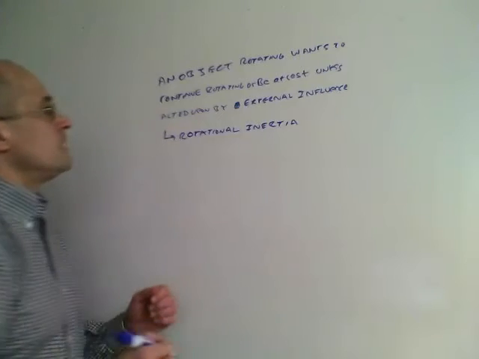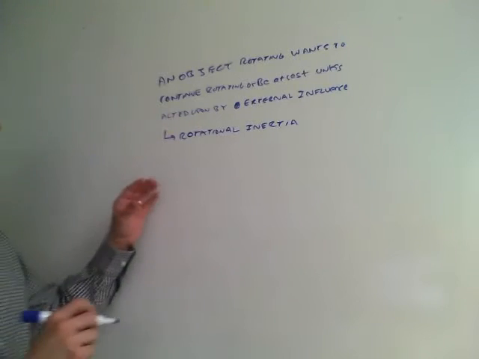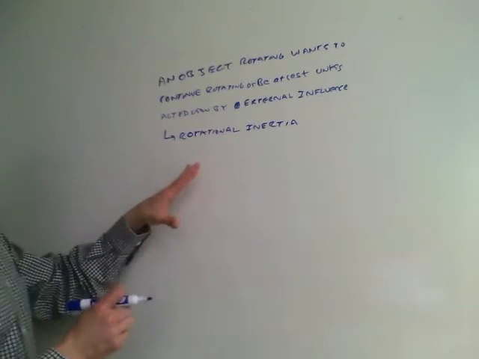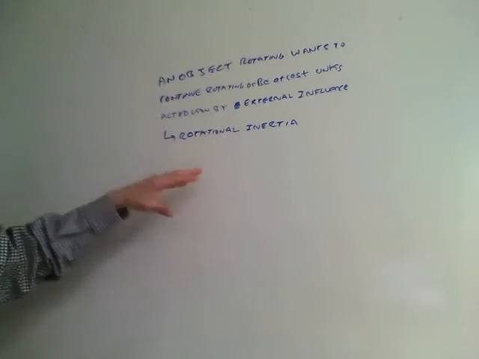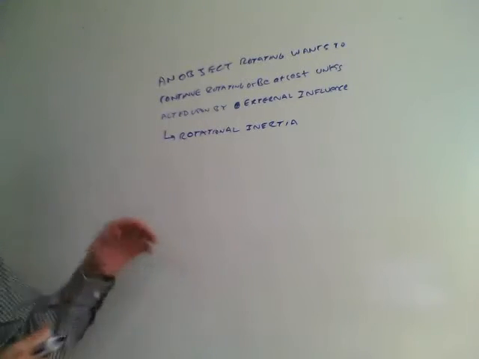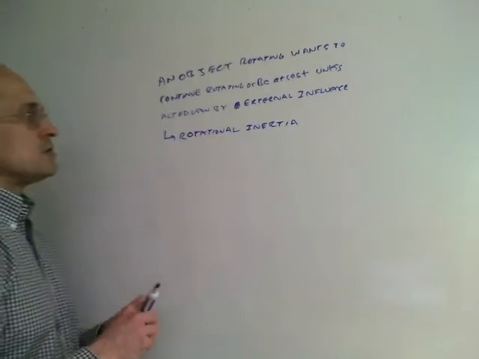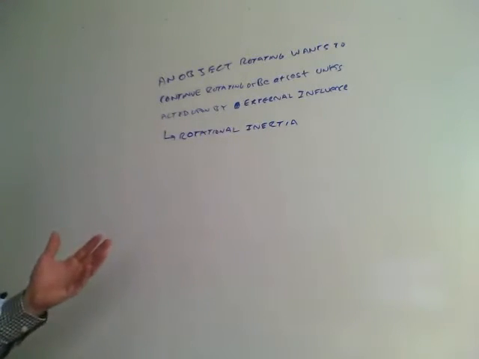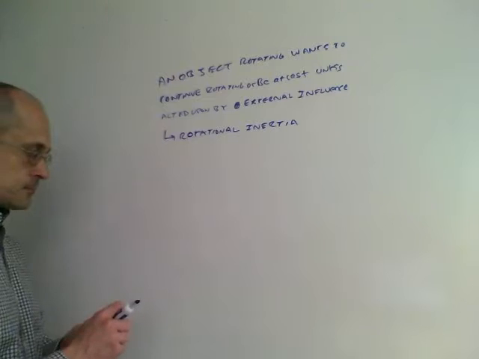Now we know that rotational inertia must be slightly different than regular inertia. If it wasn't, we wouldn't have it. We would just call it inertia still. So what we want to do is think about rotational inertia and how it is different than regular inertia and why we need it.